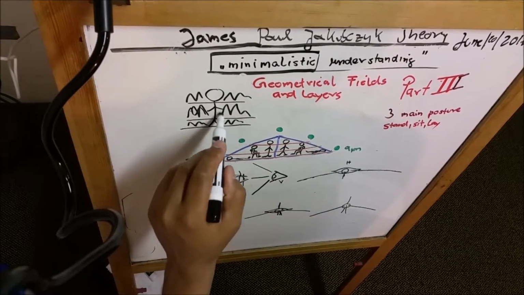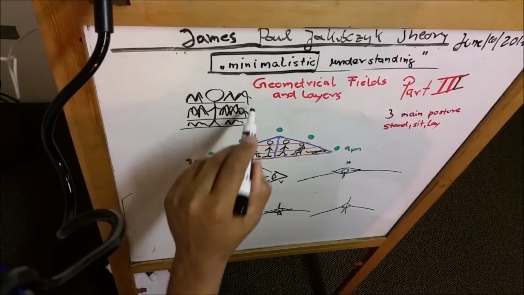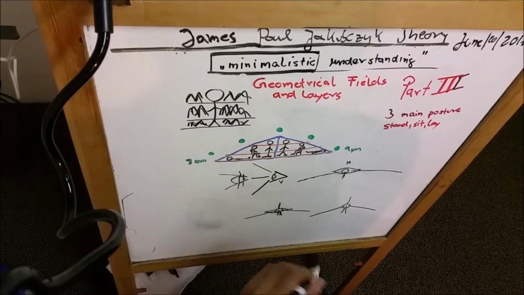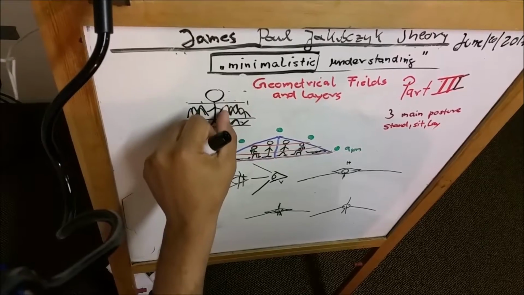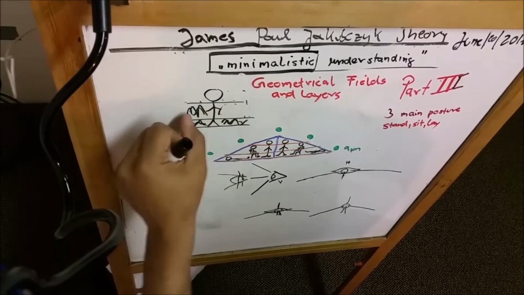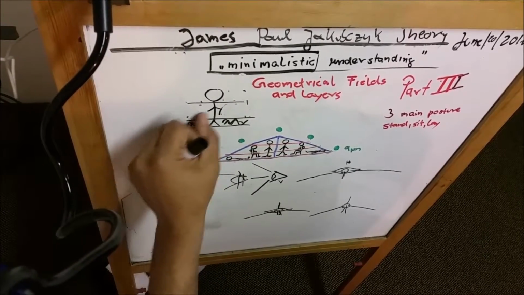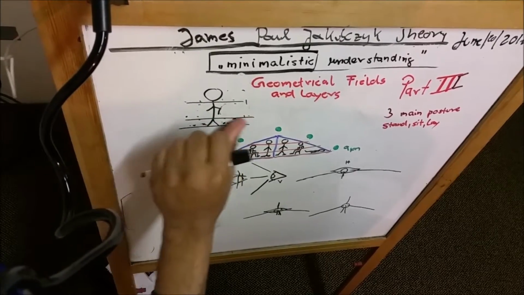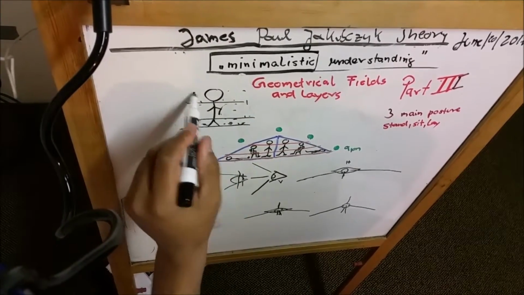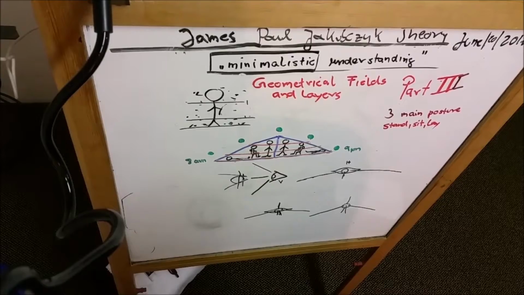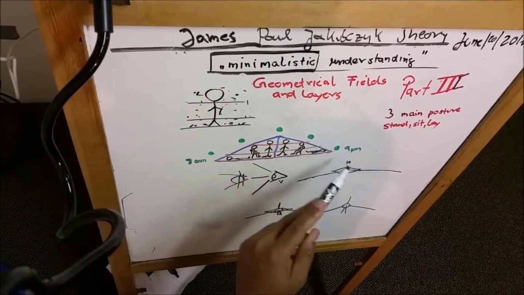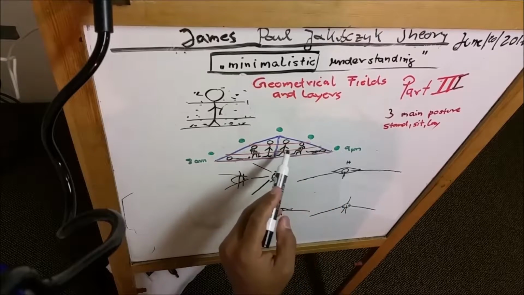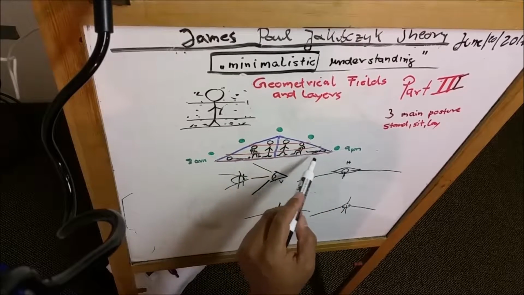They're always in between those geometrical fields: head layer, upper body layer, and ground layer. So they're always in one of these fields all the time. As I said, we have 3 main posture positions: standing, sitting, and laying.